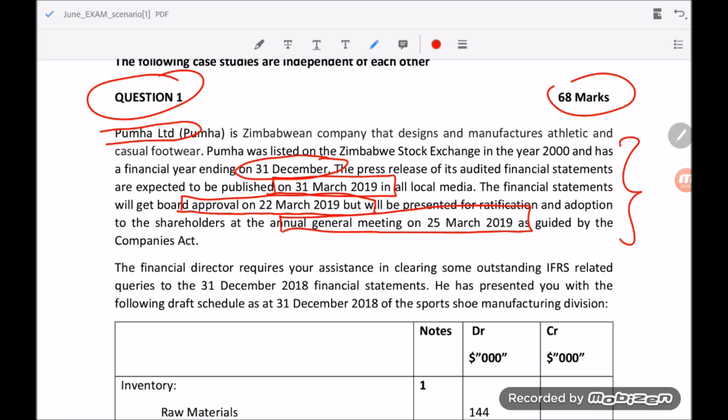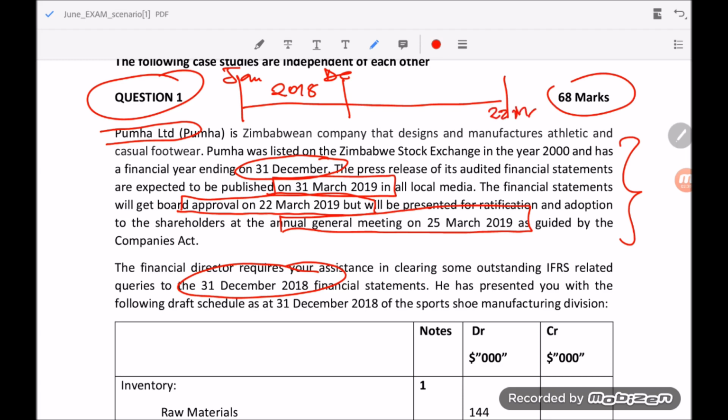So the current period we are dealing with is the 31 December 2018 financial period. If I put a timeline, we start in January and end in December, so 2018 is the period I'm dealing with. However, the financial statements were approved to be published on 22 March, which is somewhere here.